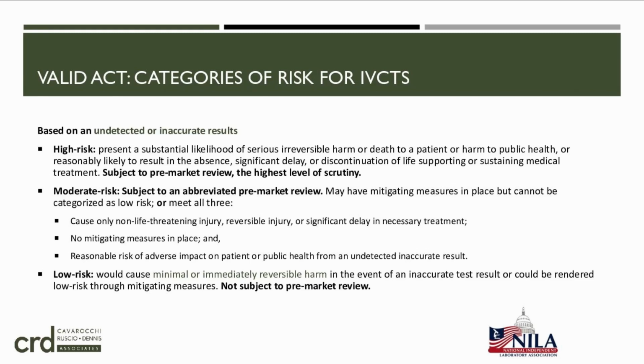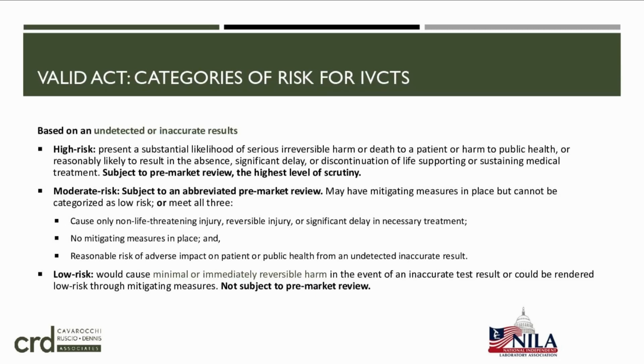So the entire bill is based on these three categories of risk for IVCTs. And the way that the bill frames risk is it's based on what would happen if an undetected or inaccurate result happens from a test being run. And so the three classifications, high risk, moderate risk, and low risk, determine what type of review your laboratory developed test needs to go through at the FDA.